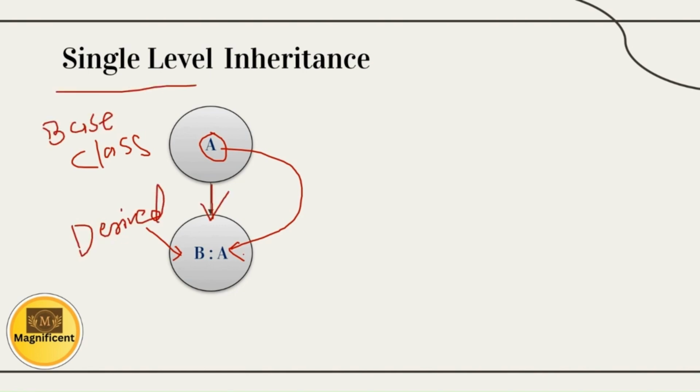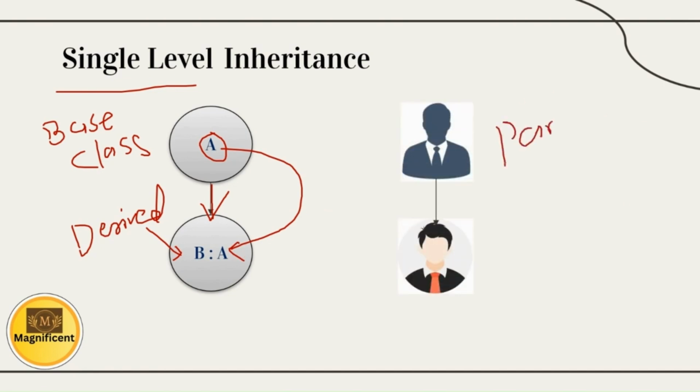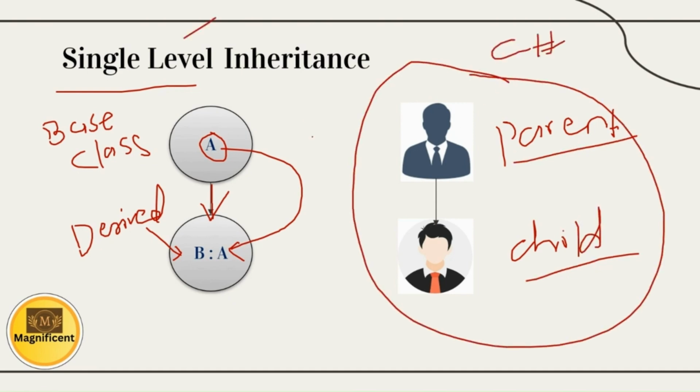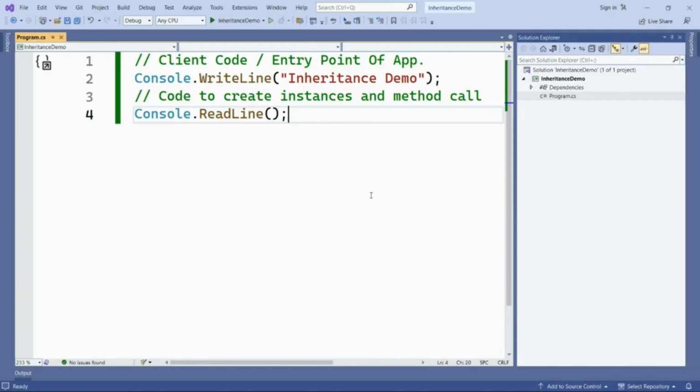If we take a real-time example, it's simply a parent-child class relationship. Here is a parent and here is a child. We are going to see this parent-child class relationship in C# code, and we'll create one C# program to understand it.